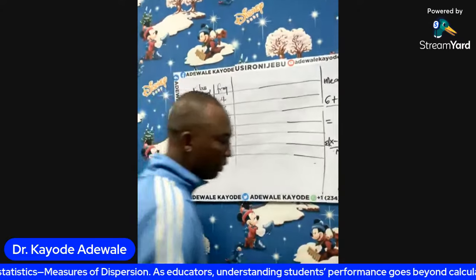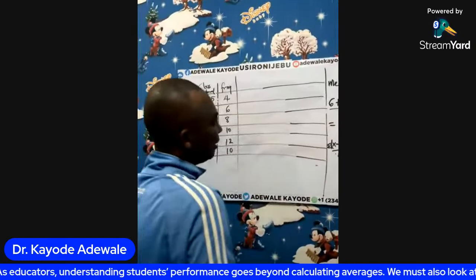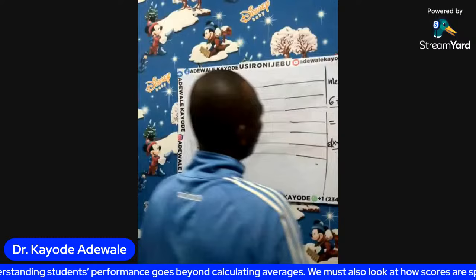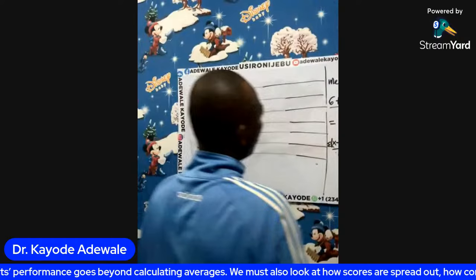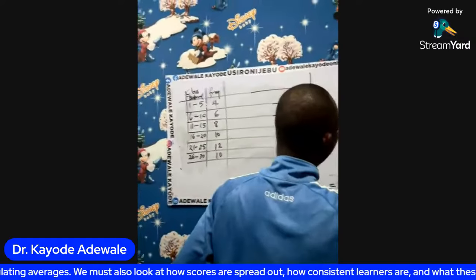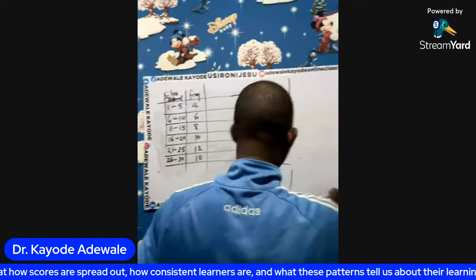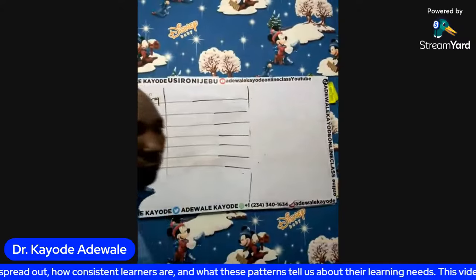The first thing you need to do before you go to the group data is to clean this table and write the formula, because the formula matters most. It is the formula that will determine how you are going to do your work.